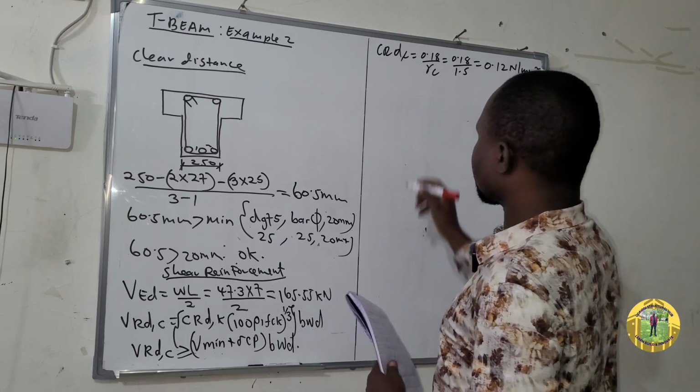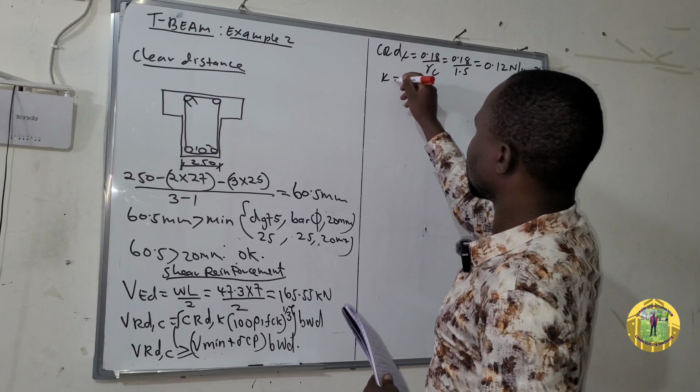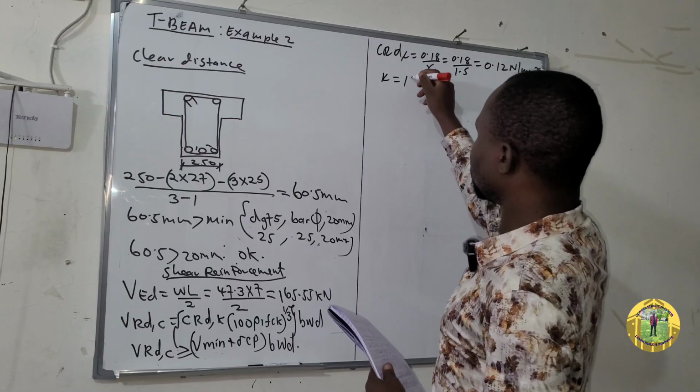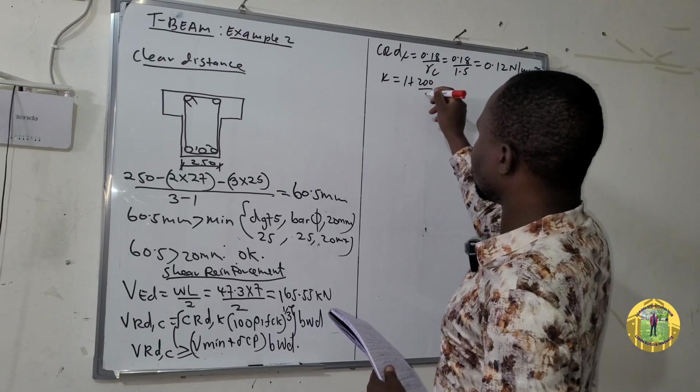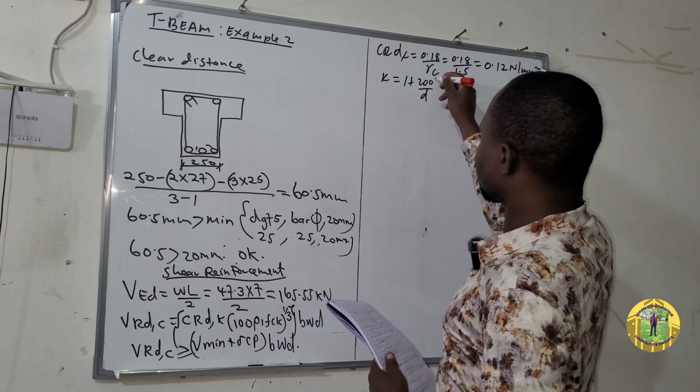We have K. K is equal to 1 plus 200 all over D raised power a half.